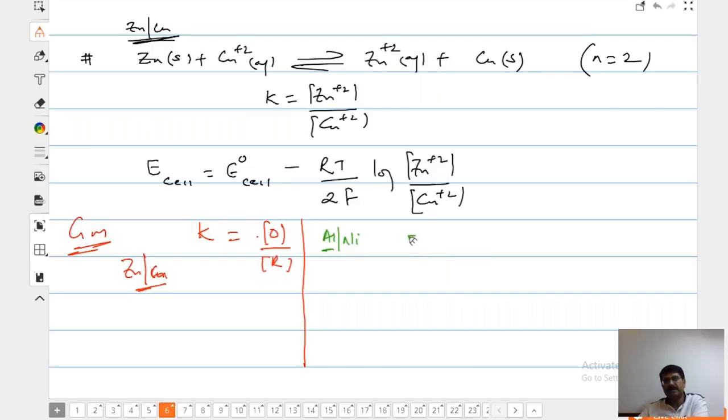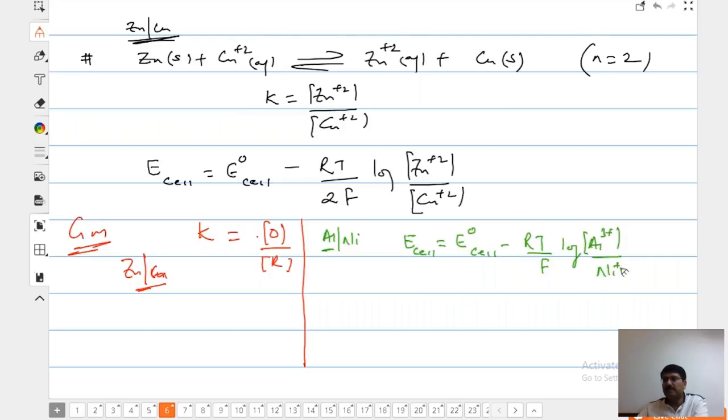That's your practice. So for this, the Nernst equation becomes E cell equals E naught cell minus RT by nF log of, which is getting oxidized? Aluminium, bachcha. And which is getting reduced, Pradeep?